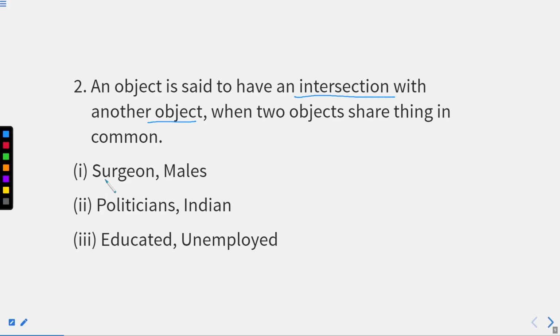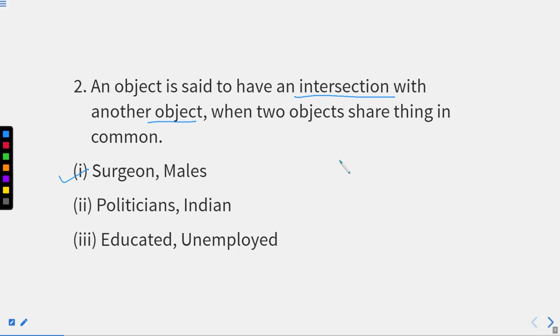So if I take the example of the first case, it says a surgeon and a male. You know that a surgeon is someone from the medical line, and definitely either he will be a male or a female, right? And males cover all the boys or the men, right?